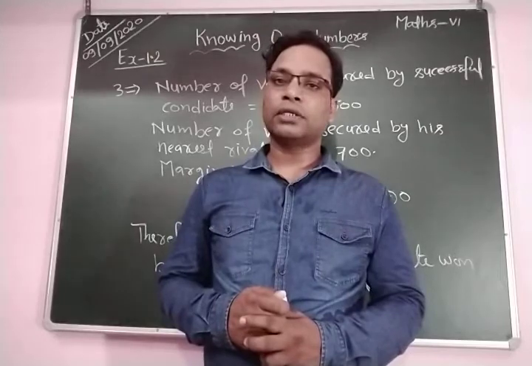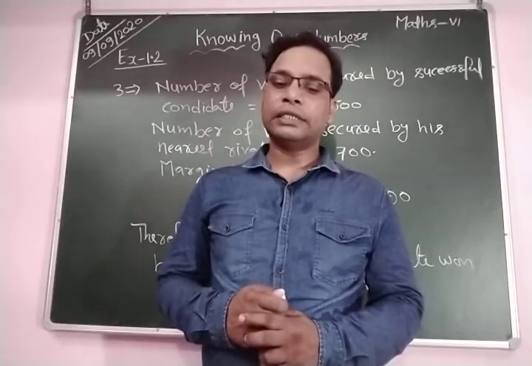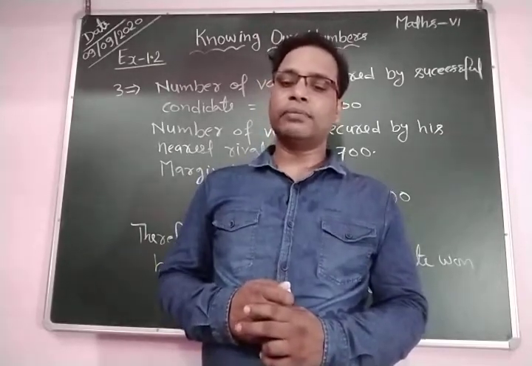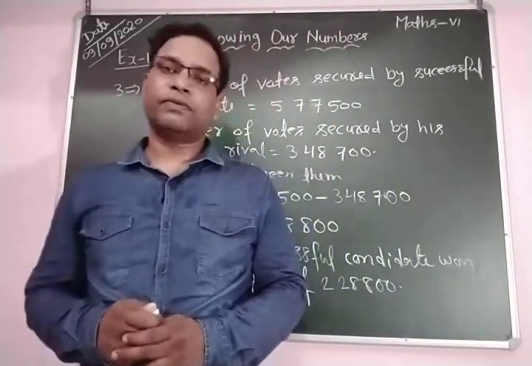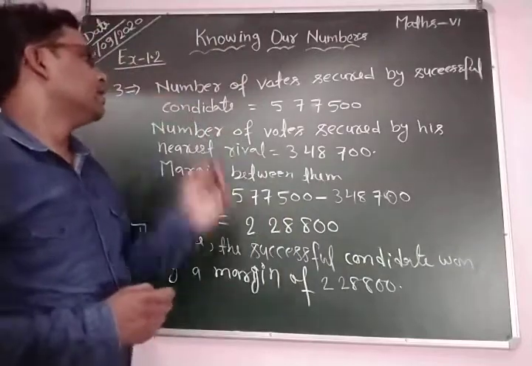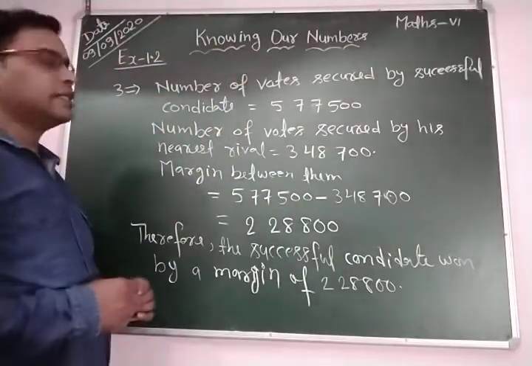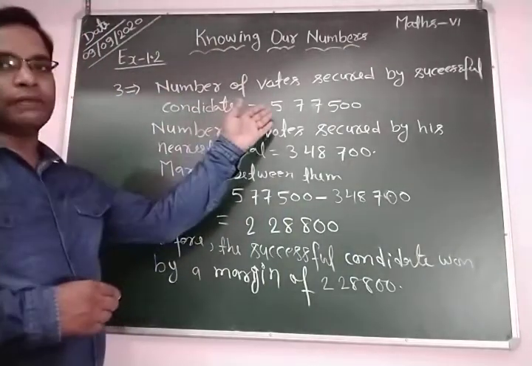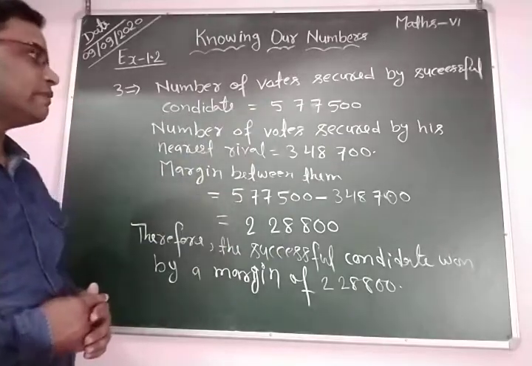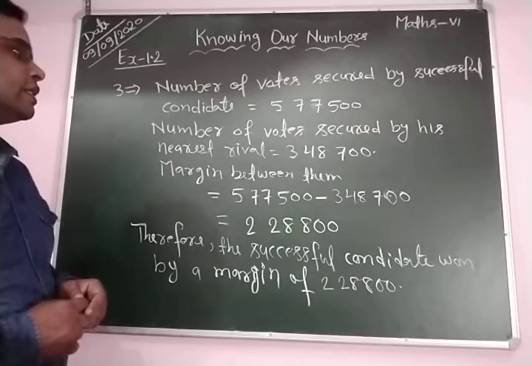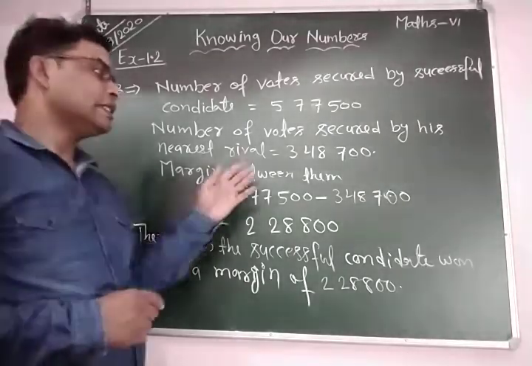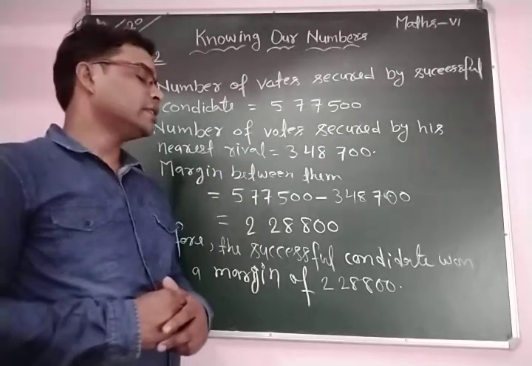The question asks by what margin the successful candidate won the election. First you write the votes secured by the successful candidate, 5,77,500, and by the nearest rival, 3,48,700.